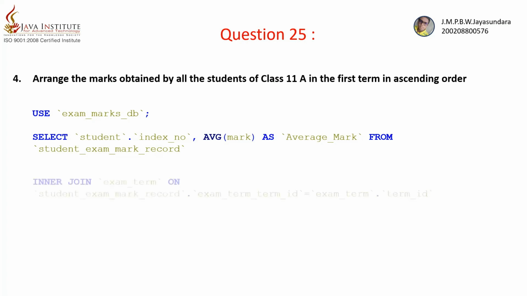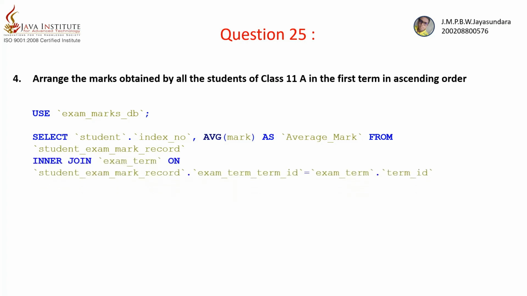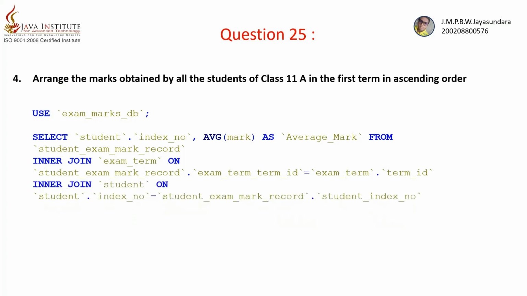exam mark record table. Then we have joined exam term table using student exam mark record table's exam term ID column and exam term table's term ID column. Then we have joined student table using student table's index number column and student exam mark record table's student index number column. Then we have joined class table using class table's class ID column and student table's class ID column.